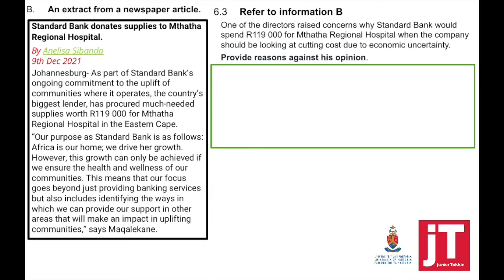So now the question says, one of the directors raised concerns why Standard Bank would spend 119,000 for this regional hospital when the company should be looking at cutting costs due to economic uncertainty.